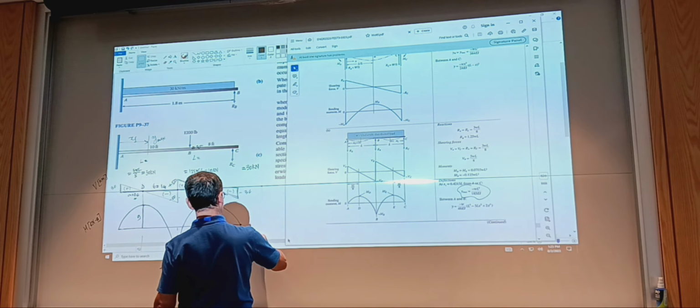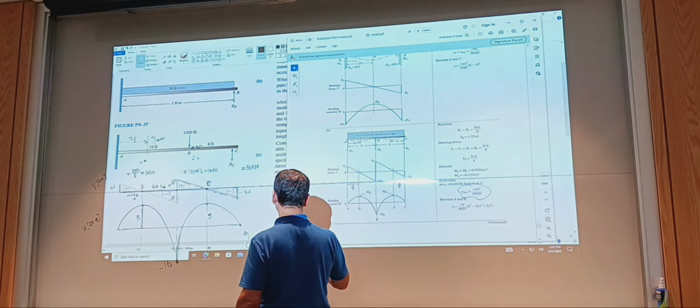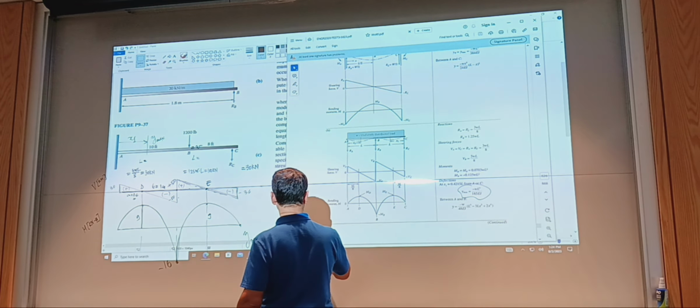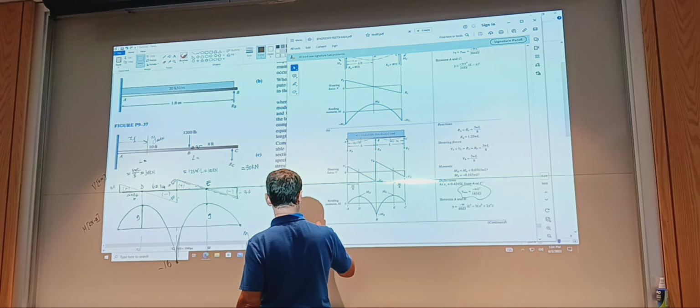Okay. We don't have information about E and I, but we can leave this as any value could be substituted. And actually it even says put it in the form 1 over EI times. So it'll be negative 1 over EI.